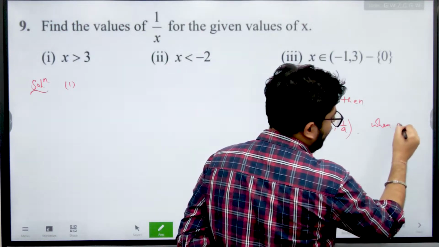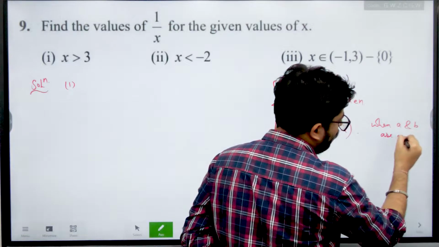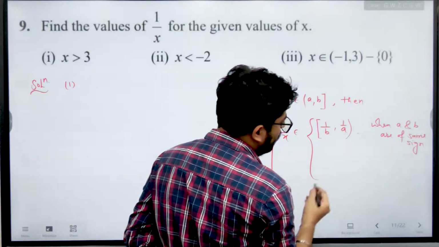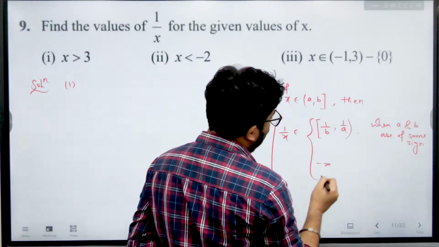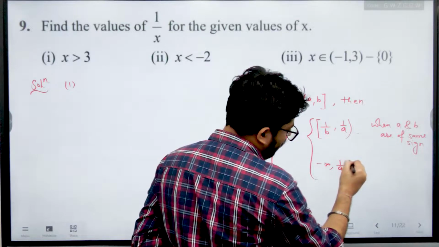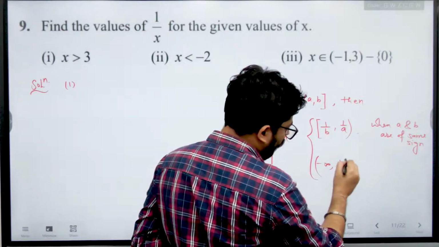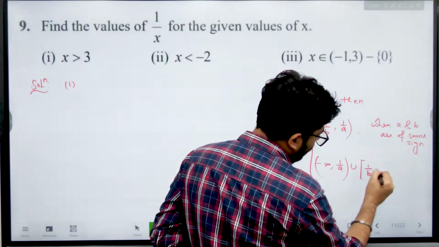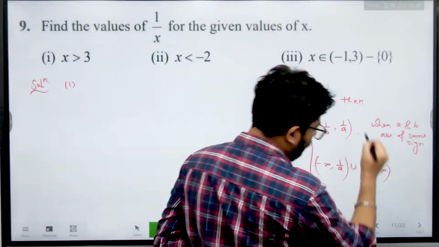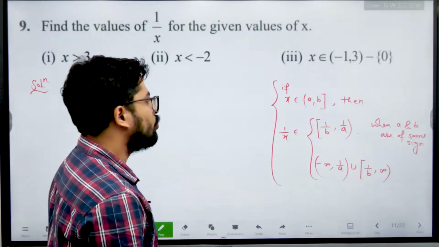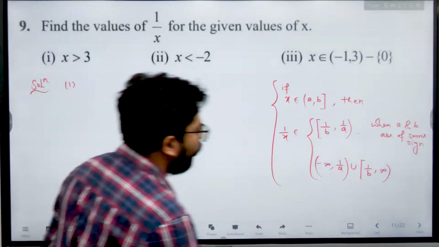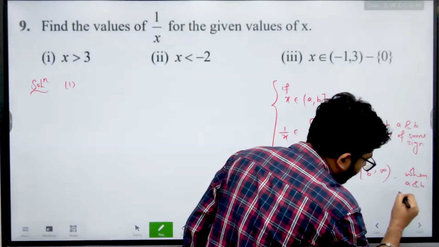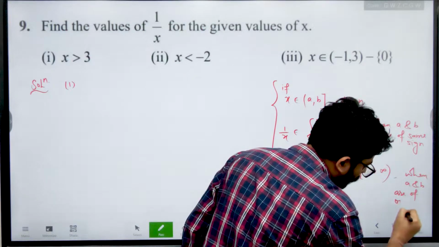And second is (minus infinity, 1 by a) union [1 by b, infinity) when a and b are of opposite sign.